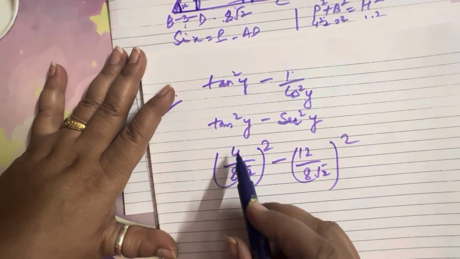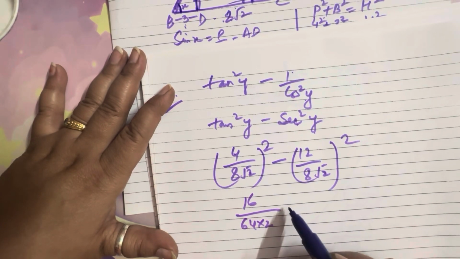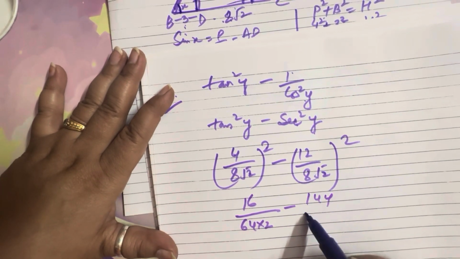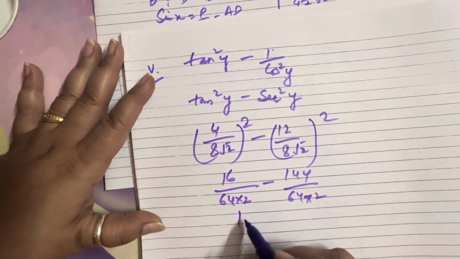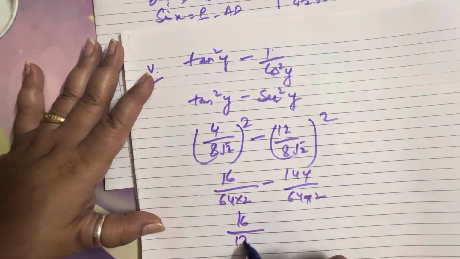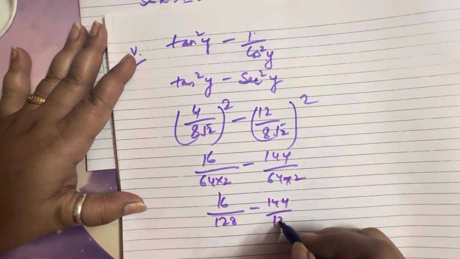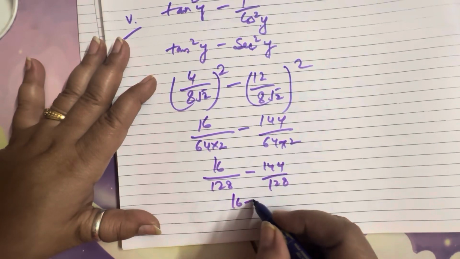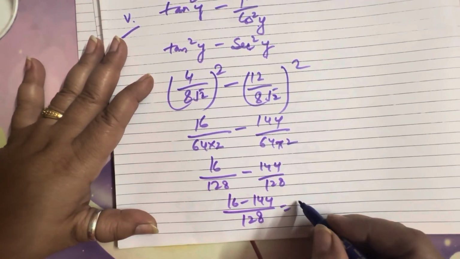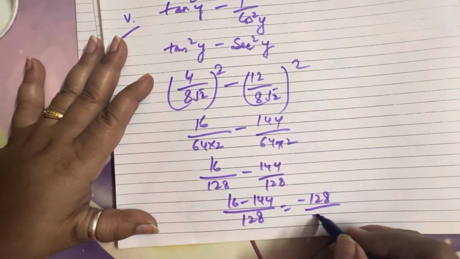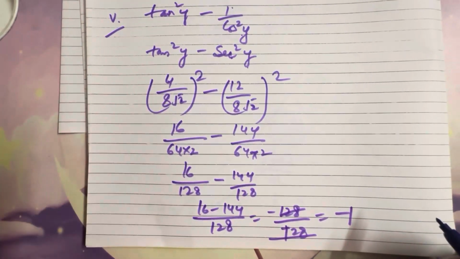So 4 squared will be 16, it is 64 into 2, minus 144 by 64 into 2, that is 16/128 minus 144/128. We will take the LCM, so this will come 128/128. So we cancel it, we get the answer as -1.